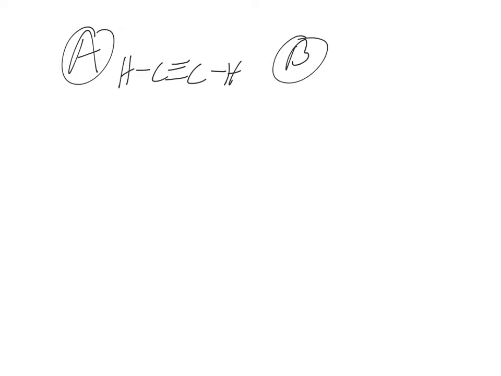So, all right, taking a look at a question saying identify the longest, shortest, strongest, and weakest bonds from those highlighted below. So, A is an alkyne. B is an alkene.